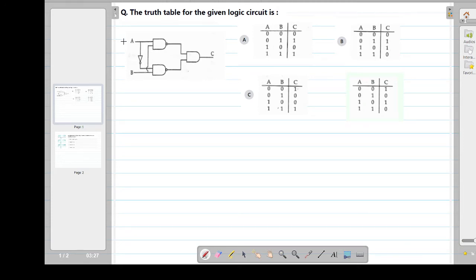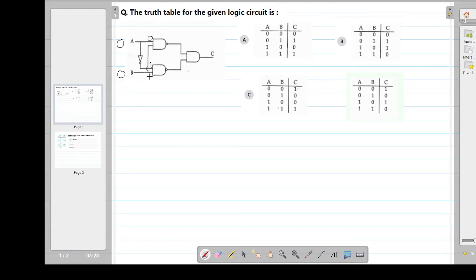Accordingly, first I will take 0 and 0 in both cases. Means 0 is applied to input A and 0 is applied to input B. This 0 is directly transferred here, and from A there is a NOT gate, so 0 becomes 1 here.